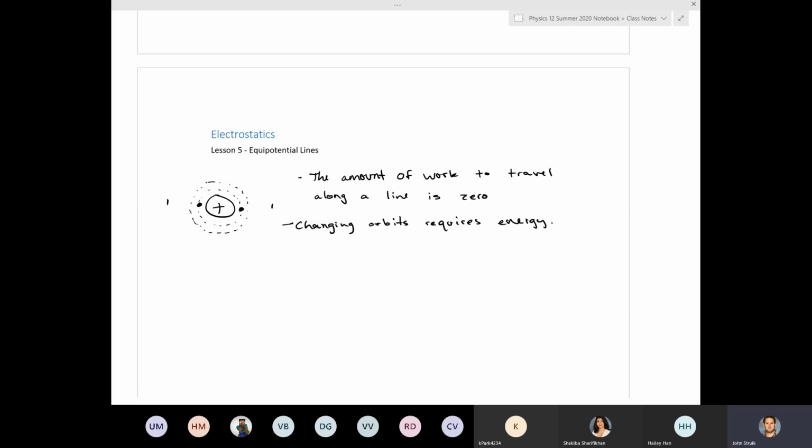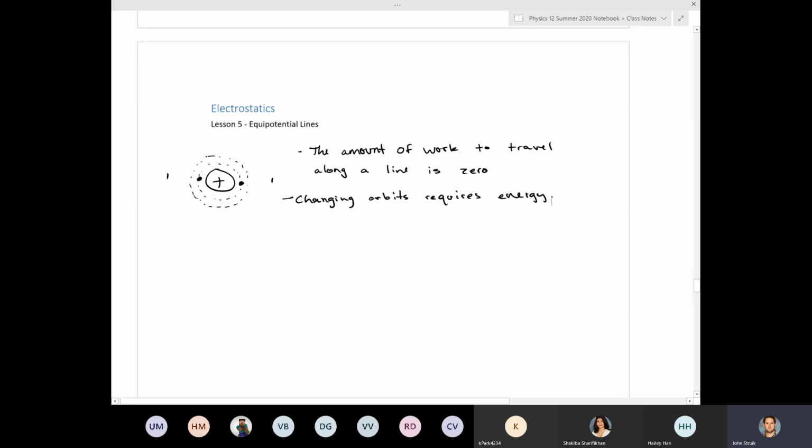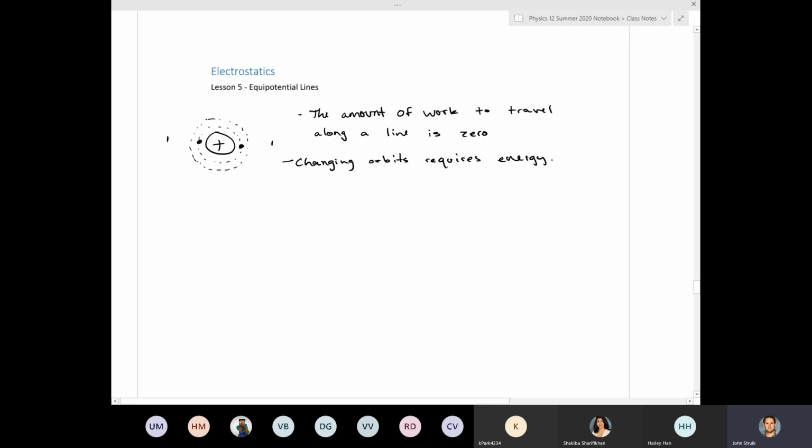And this shouldn't come as a huge surprise. In fact, I'm hoping some of you are applying your chemistry minds and thinking, hey, that kind of looks familiar. If you know anything about chemistry and atoms, what's in the middle of an atom is a positive nucleus, and what's surrounding it is orbits of electrons. And why are they in orbits? Because they have certain amounts of energy applied to them.